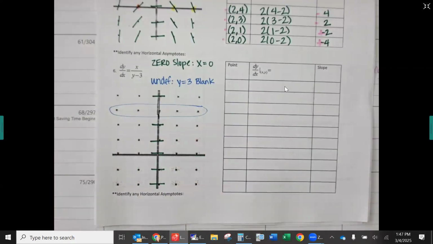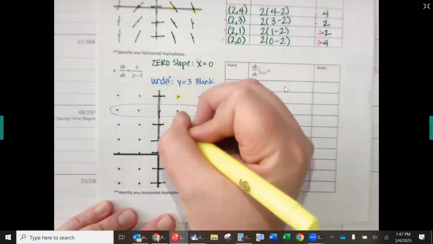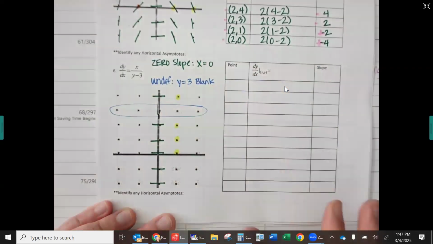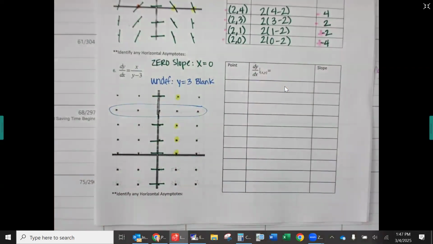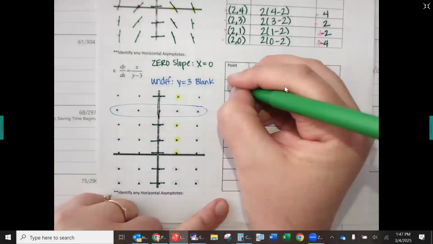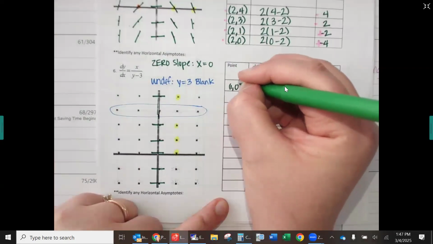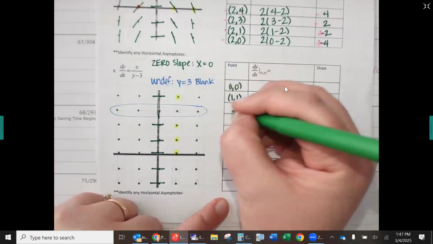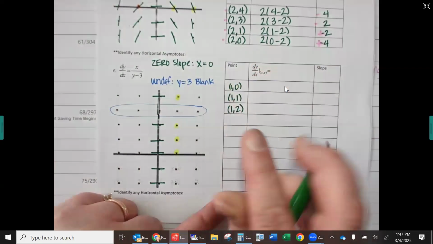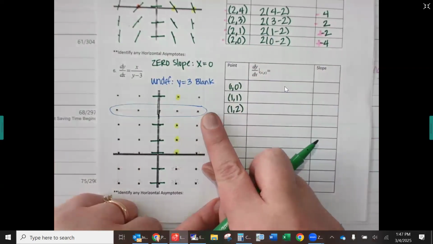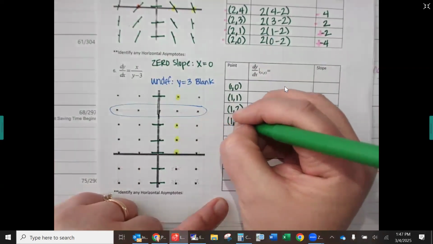Okay, and then remember, our goal is to just try to find enough points that we can finish the pattern. So I'm going to do the same 4 dots here, but this time, instead of skipping my 2 row for the Y's, I'll skip my 3's. So I'll do 1, 0, 1, 1, 1, 2, and then I'm skipping the 3's because I know it has to be blank, and then I'll go to 1, 4.